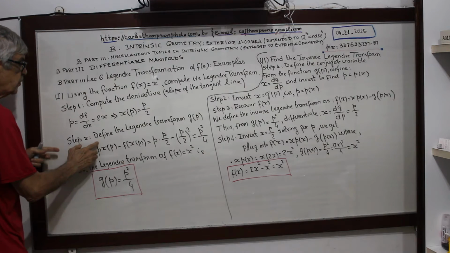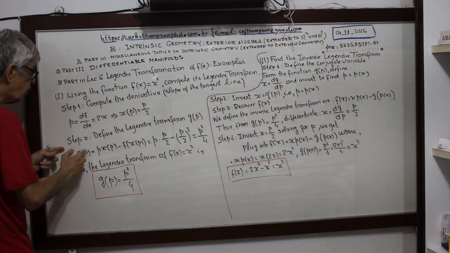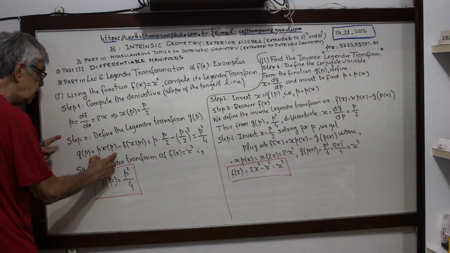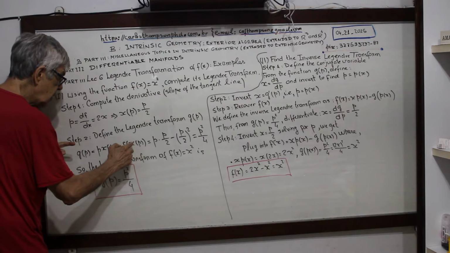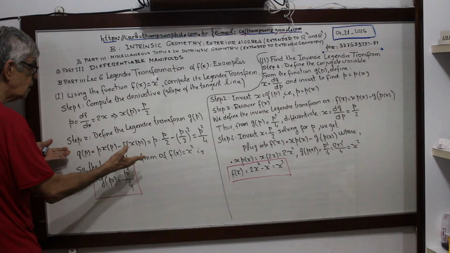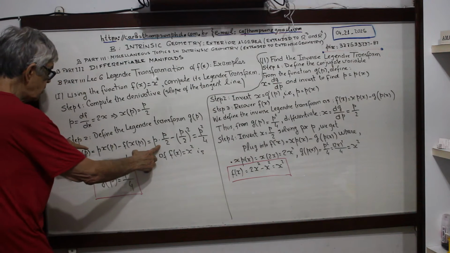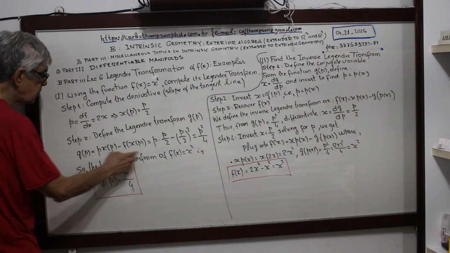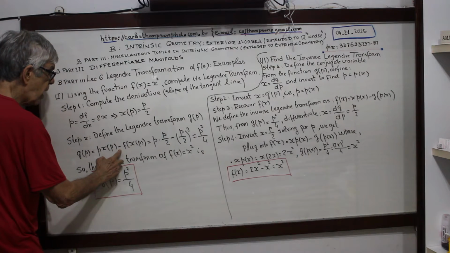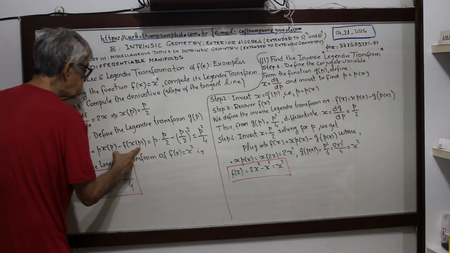Now, step 3, define the Legendre transformation g of p. g of p is p, attention now, x as a function of p, minus f of x as a function of p. I just substitute clearly. So in this case, this is x of p, which is p divided by 2, minus now f of x of p.